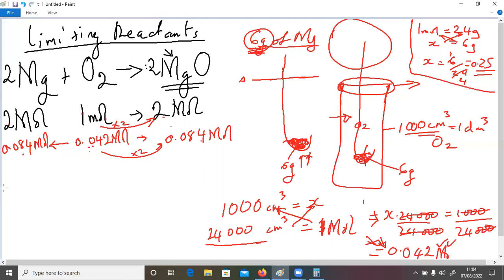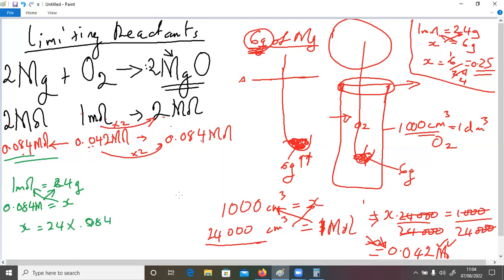So how many grams of magnesium am I going to use? I know that 1 mole of magnesium is equal to 24 grams, right? So if I have 0.084 moles of magnesium, it's equal to how many grams? I'll do some cross multiplication, and I get x is equal to 24 multiplied by 0.084.